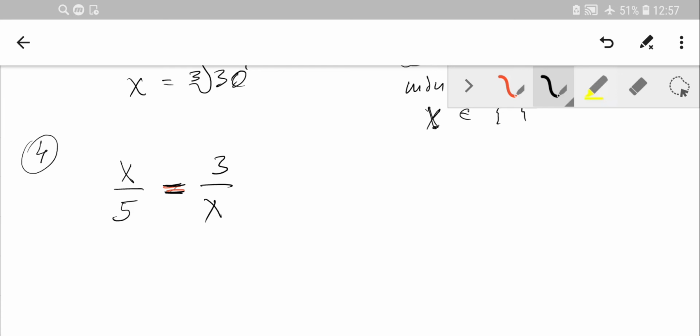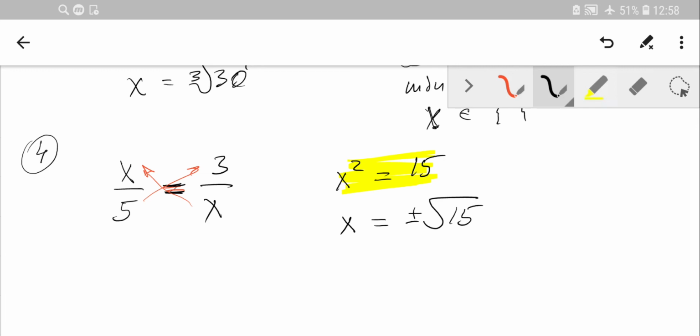If not, go back to that video and try to watch it again. Here I'll just use the crisscross way. I multiply crisscross, and I'll have x squared equals 5 times 3, which is 15. Now I get a normal power equation, because we have a power of 2. In this case, we resolve as plus minus square root of 15. That's how it works.